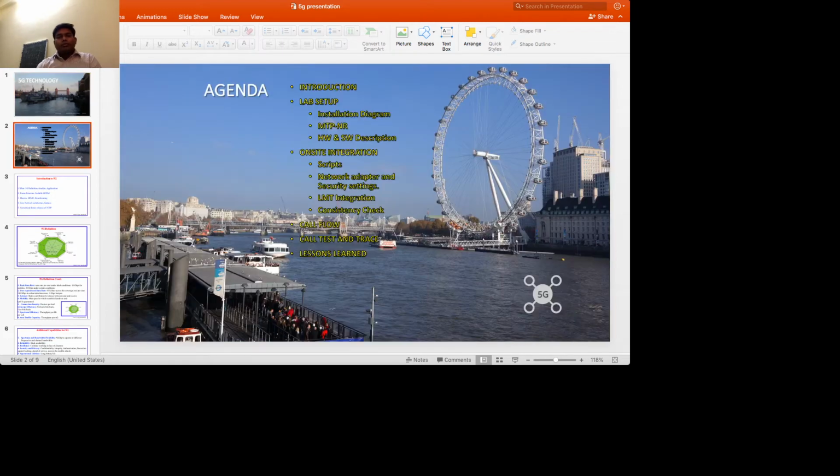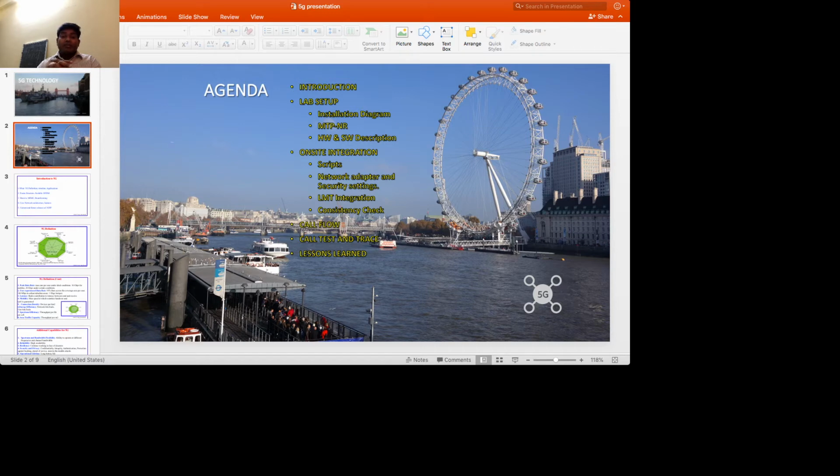Welcome to the 5G technology session, and we'll start with the agenda. The agenda is: first, an introduction to 5G technology, then lab setup. The lab setup covers the installation diagram, MTP, new radio, and hardware and software descriptions.